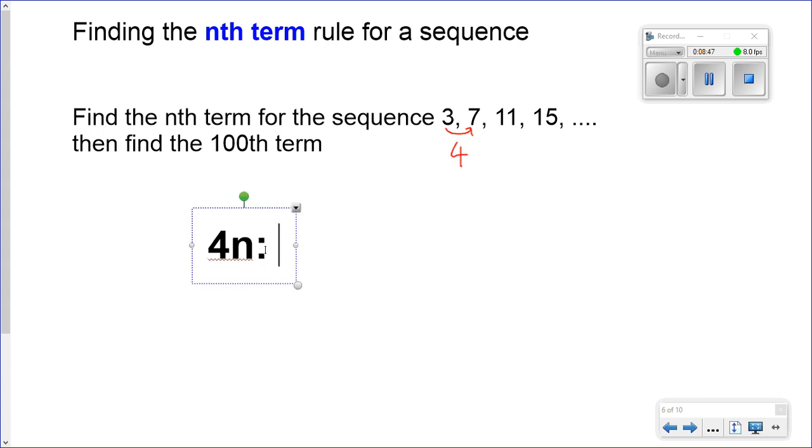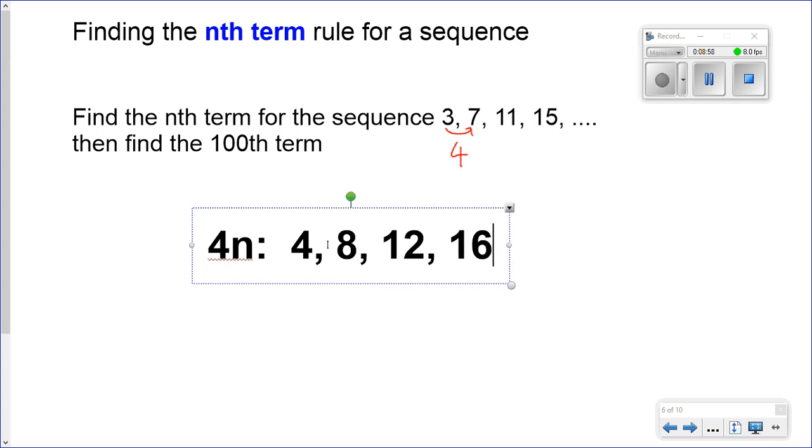So what I'm going to do, I know my rule is going to have 4n. I'm now going to write out the 4 times table. 4, 8, 12, 16. And now I'm going to look very carefully and compare this sequence with the sequence that I'm given.